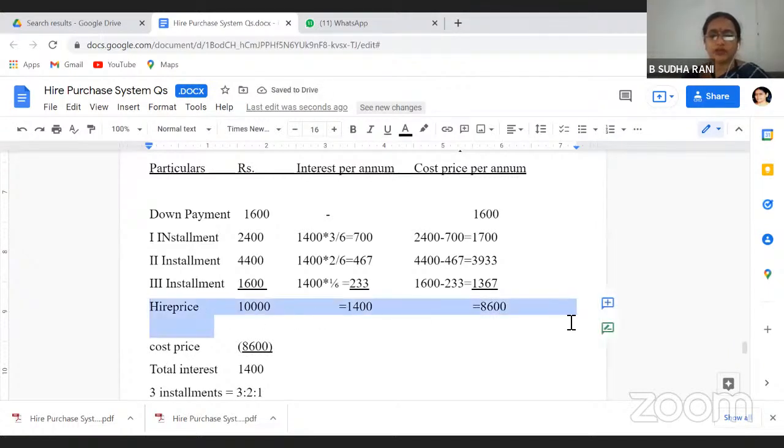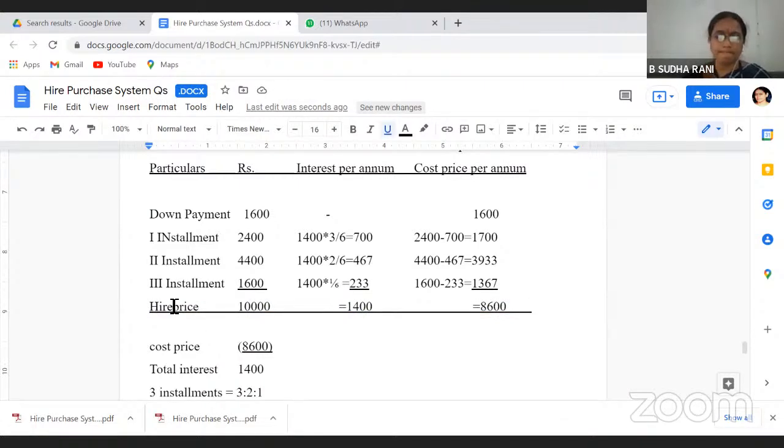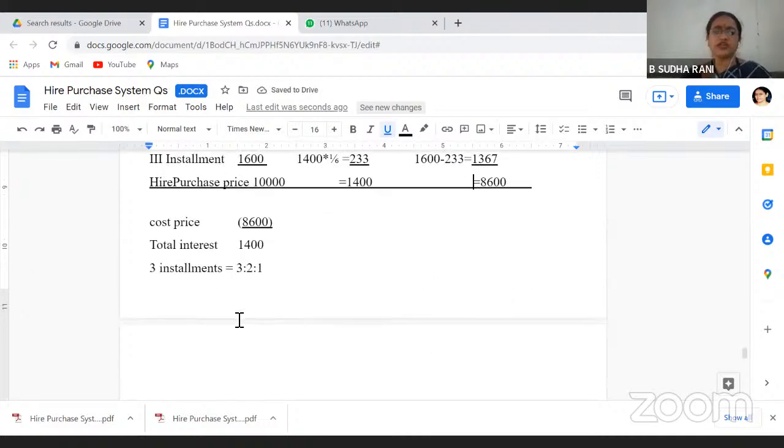Which is equal to the cost price, right? Okay. Once you get this table, you can pass the journal entries.